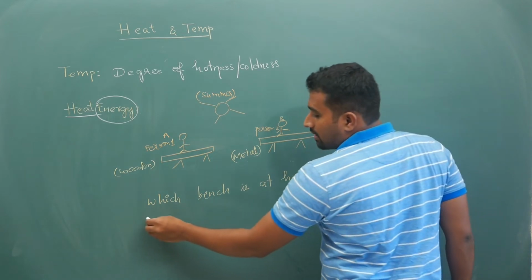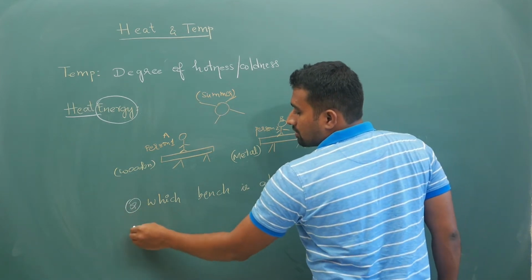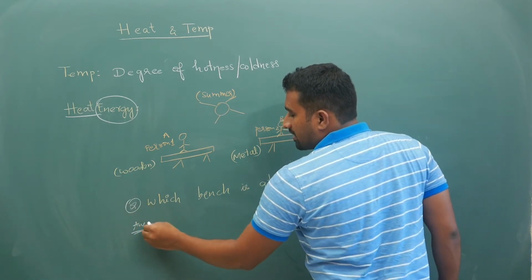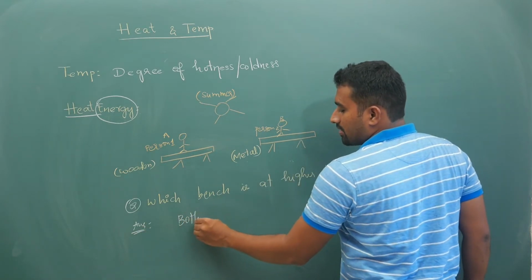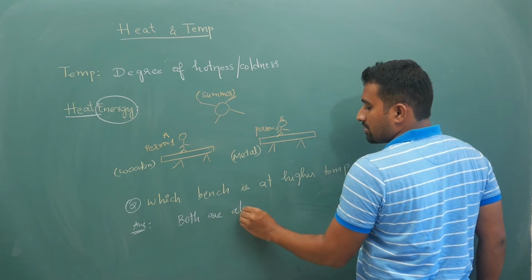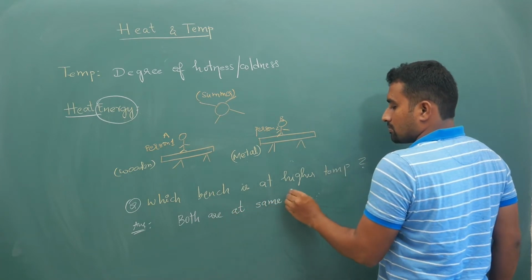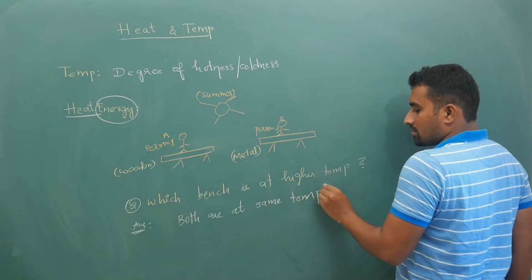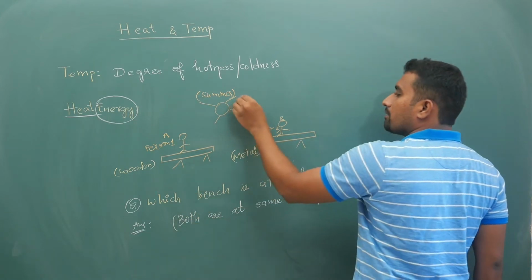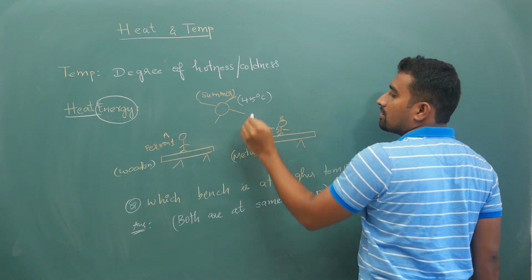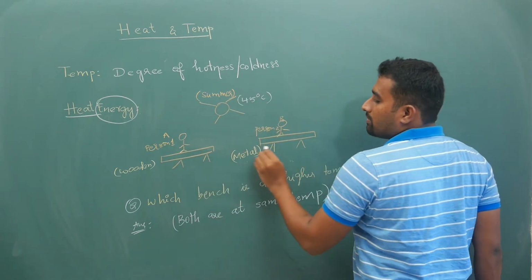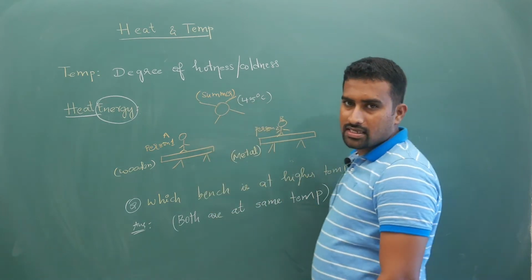But here the answer, I am writing it very clearly, is that both are at the same temperature. For example, if it is summer and the temperature is some 45 degrees centigrade, both will be at the same 45 degrees centigrade.